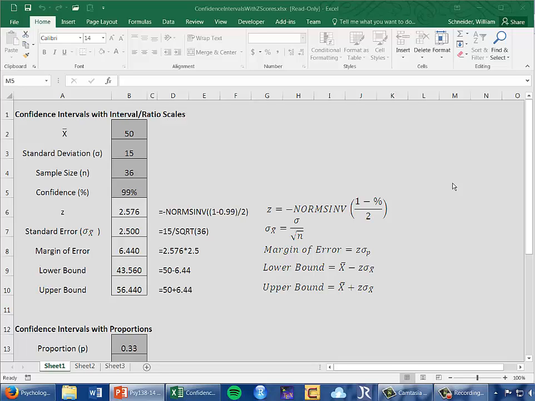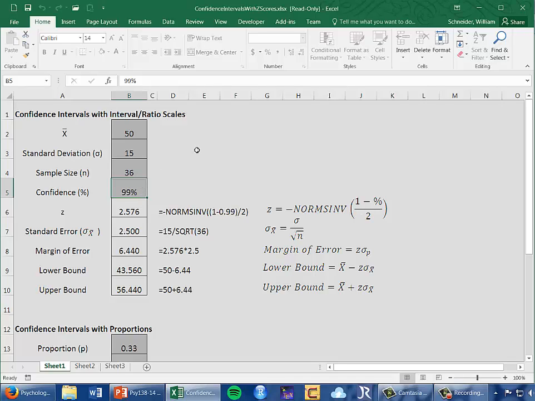If all these calculations seem like a bit much, I have good news. We have a spreadsheet that will automate the process for you. So all you've got to do is know what the sample mean is, know what the population standard deviation is, and you have to know what the sample size is and whatever confidence interval you want.